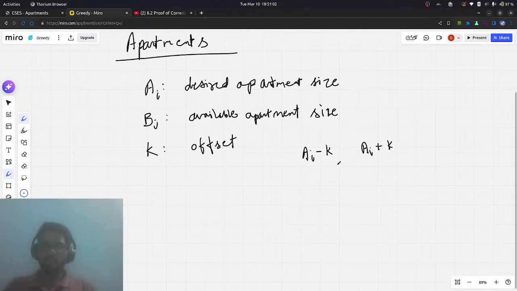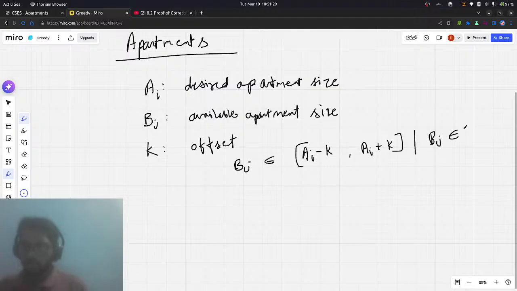So if any bj belongs to this, so if any bj belonging to this integer.